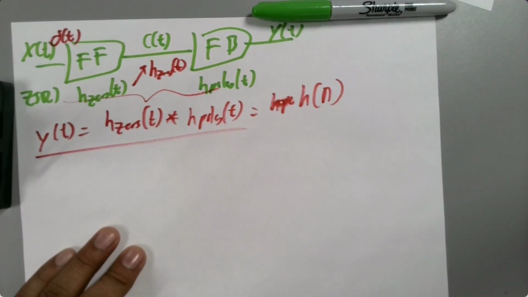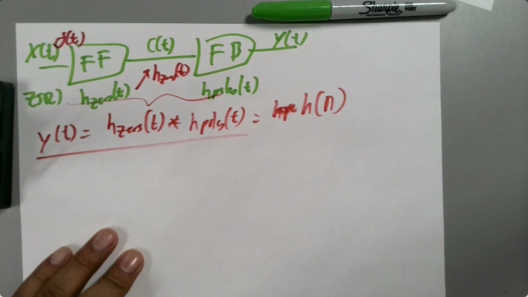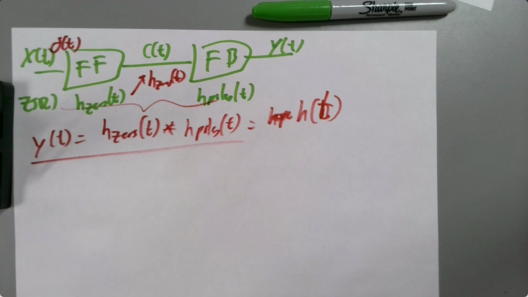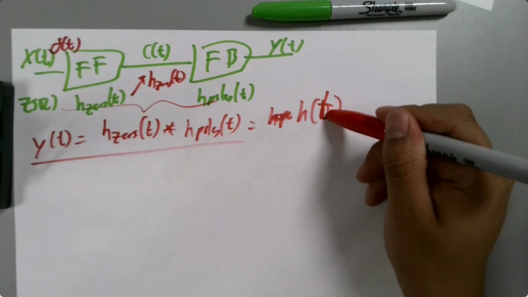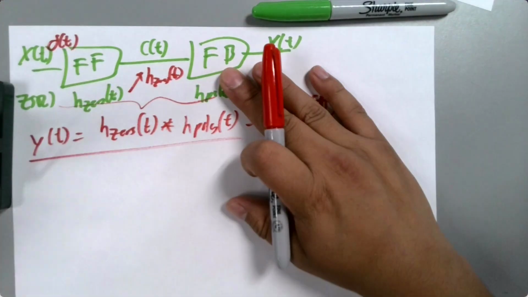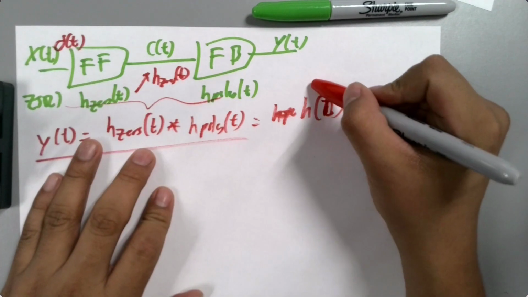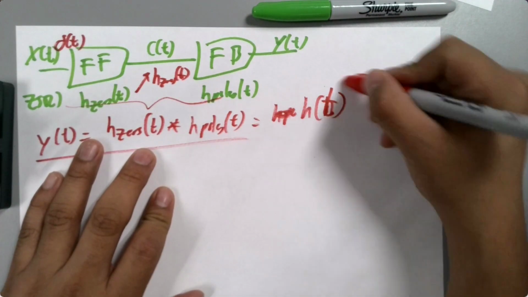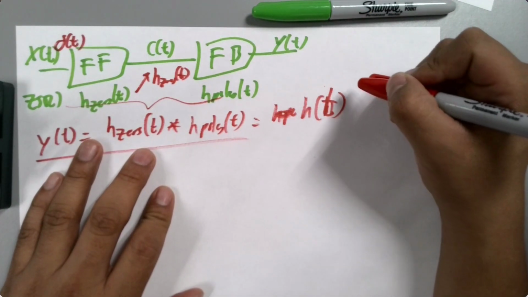It's not H of t. Sorry, it's getting late, man. The point is, the total impulse response. We kick the box, we get feed forwards, we get feedbacks, we get a complete impulse response of the system.